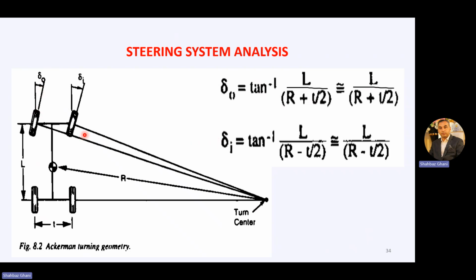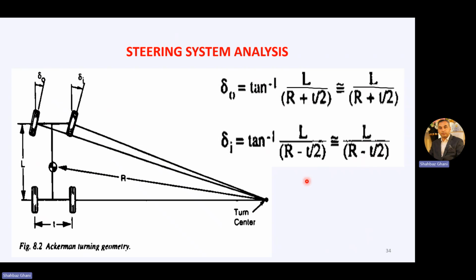Now, for the inner wheel, if we are turning right, this right wheel has to turn more to have that turning radius. So the inner delta I is equal to tan inverse of the wheelbase divided by R, where R is the turn radius minus track width divided by 2, which is approximately equal to the wheelbase L divided by the turn radius minus the track width divided by 2.